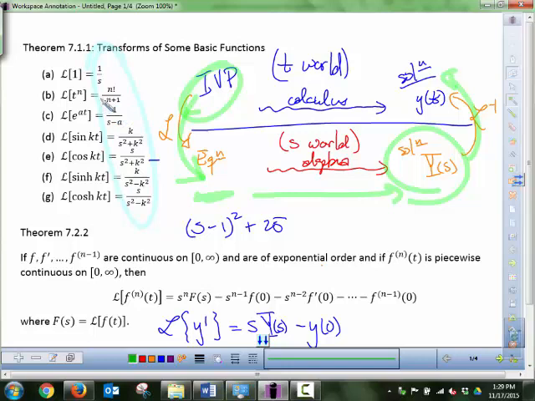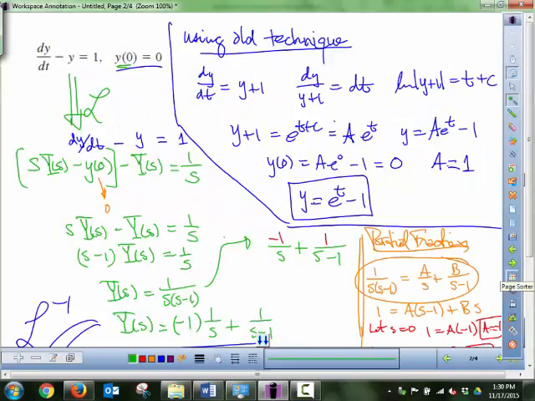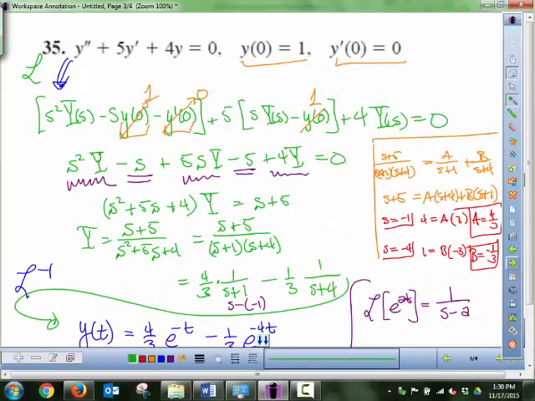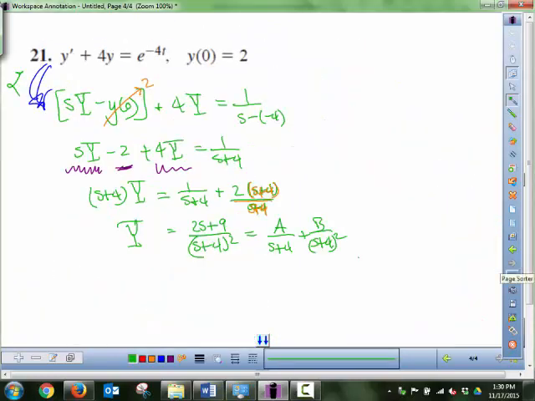But it's not s plus 4. So here's where we get stuck, and here's where we're going to need a little bit more help and a little bit more theory to continue. We can try to go on and try to break this apart and see what our solutions would be.